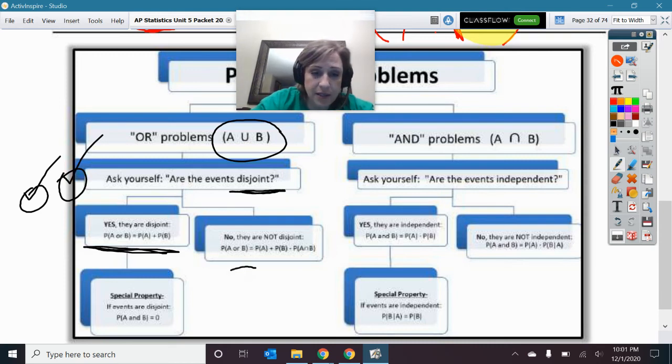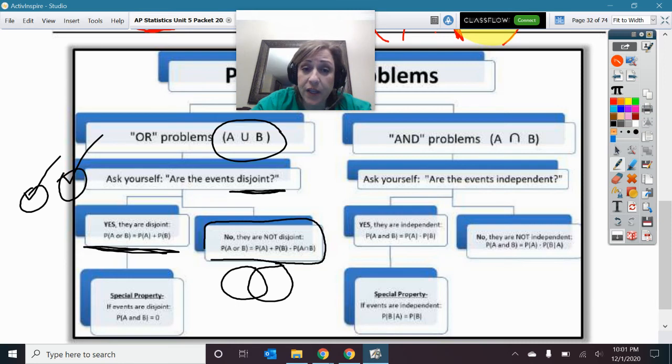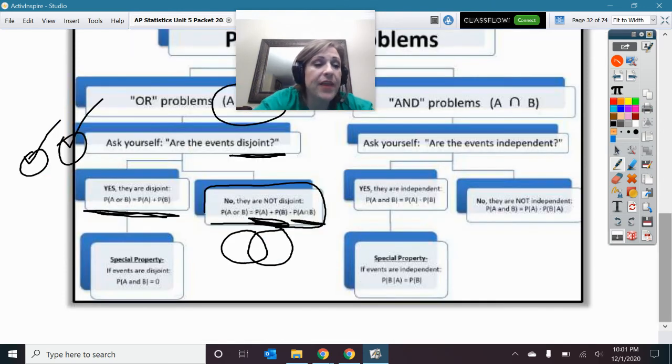But if there was some overlap, then we have to be careful, because if we added A and B, something might get double counted and we would need to subtract that double counted part. Also keep in mind that if they are disjoint, then there is no intersection, so their intersection is 0.